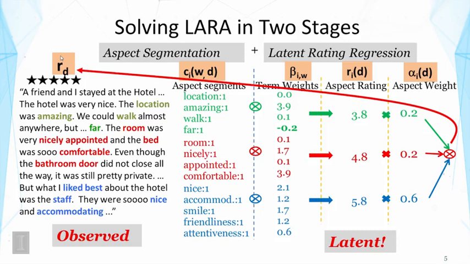And then we're going to set up a generation probability for the overall rating given the observed words. And then, of course, we can adjust these parameter values, including betas, R's, and alpha I's, in order to maximize the probability of the data.